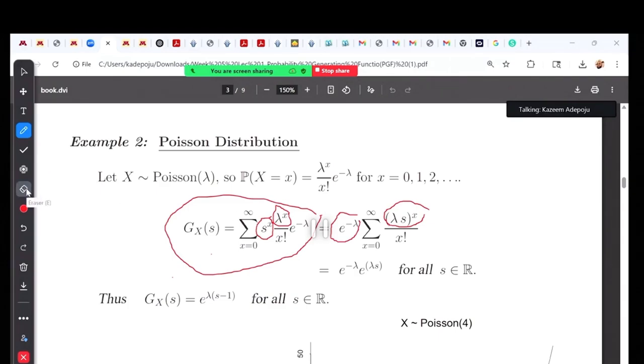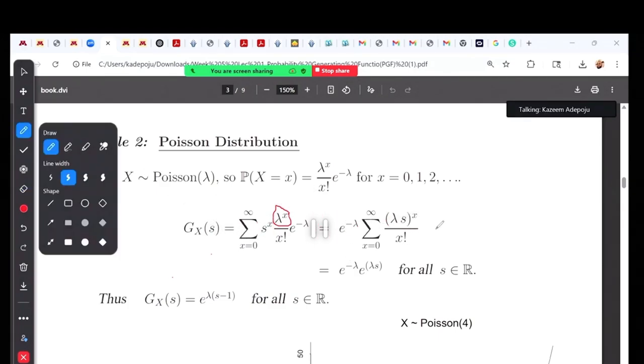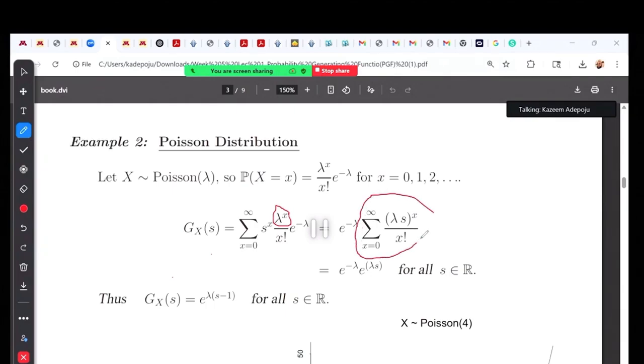Now, you remember what we did the other time. There's a particular rule. Take a look at this. Whenever I'm summing s starting from 0 to infinity, something raised to power s divided by s factorial is always going to be exponential raised to power that something. That's from a mathematical law.